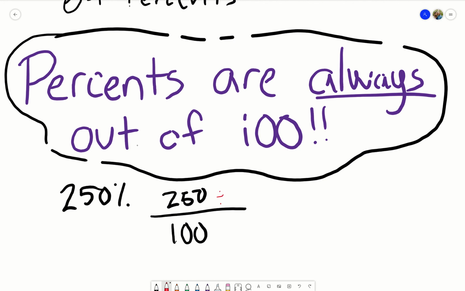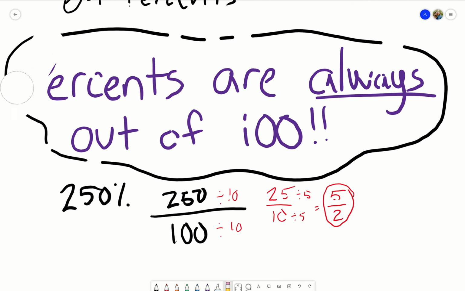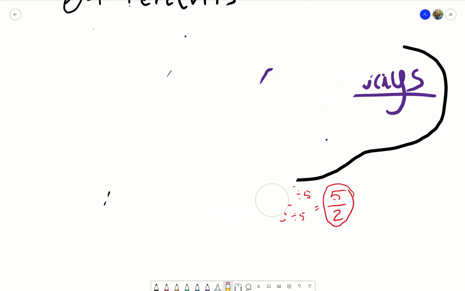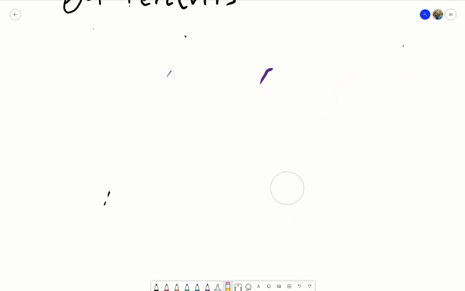These can both be divided by 10. Since they both end in a 0, they can both be divided by 10. That gives us 25 over 10. Those numbers can both be divided by 5. That gives us 5 out of 2. Fraction 5/2 would be 250%. Always be simping. All right. So hopefully that helps you to remember how to get fractions and percents. To get percents into fractions, fractions are always out of what number? 100. Fractions always out of 100.